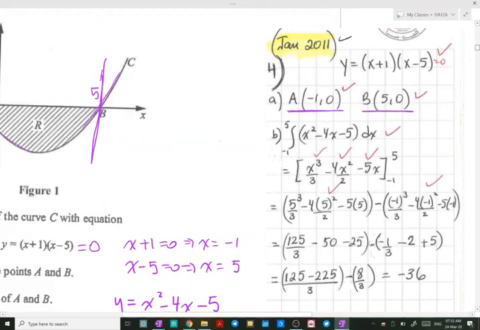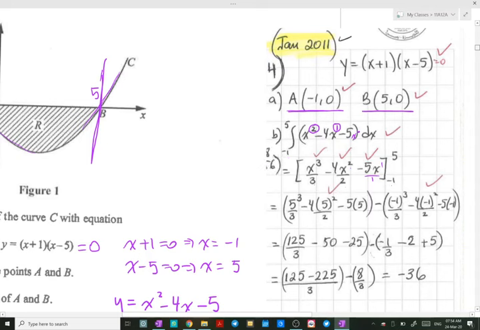Now you integrate. Remember that the formula of integration goes like this. You add 1 to the exponent and you divide by the new exponent, and here it's x to the 0, so you add 1 and divide by 1. And then you need to plug in the bounds, the minus 1 and the 5.